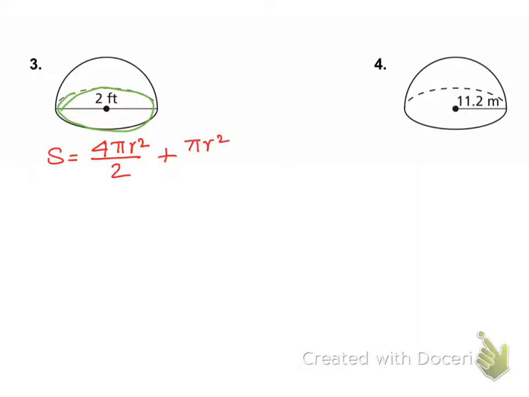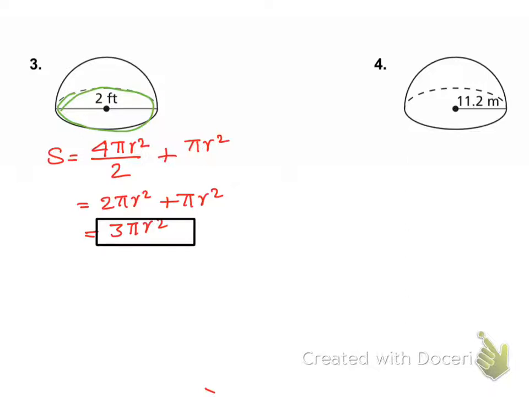When I simplify it, it becomes 2 pi r squared plus pi r squared, so basically it's 3 pi r squared. Up to you, you can plug it in before and then solve it, I'm just making it smaller. So whenever you're supposed to find the surface area of a hemisphere, use S equals 3 pi r squared.